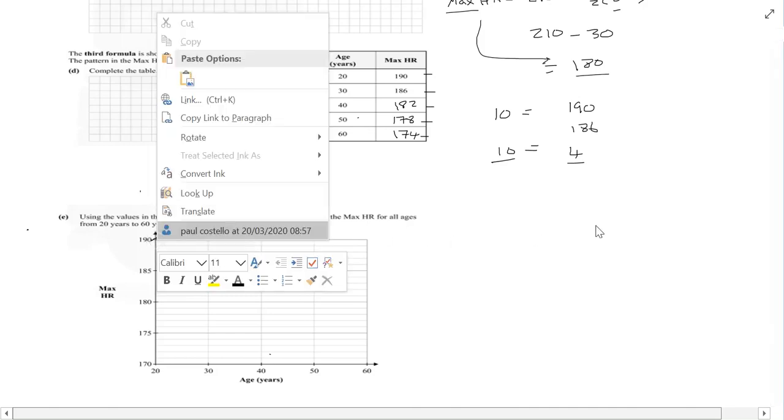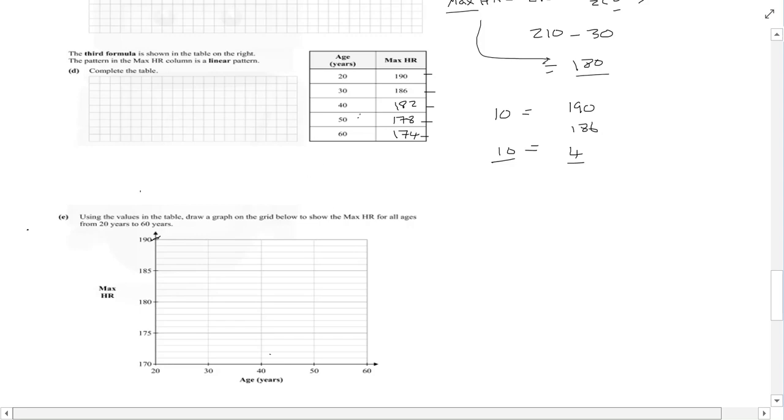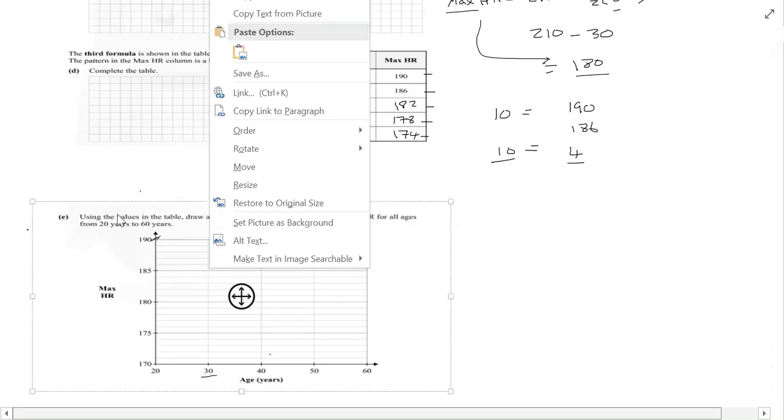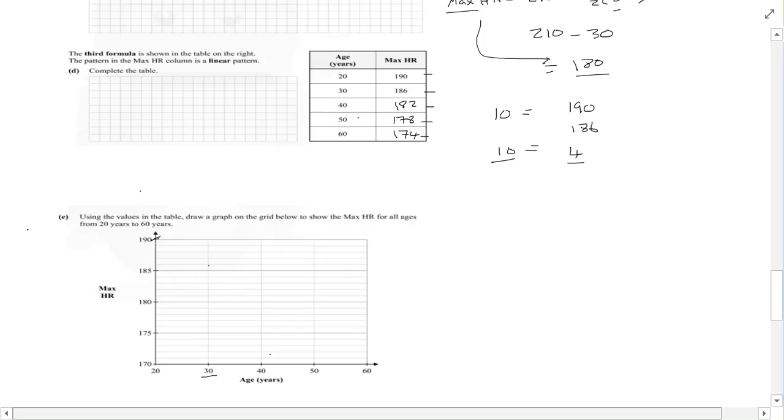Okay, the next one is when it's age 30. So that's our value here. We are at 186, so we're somewhere around here. So that's 20 done, 30 done, 40.